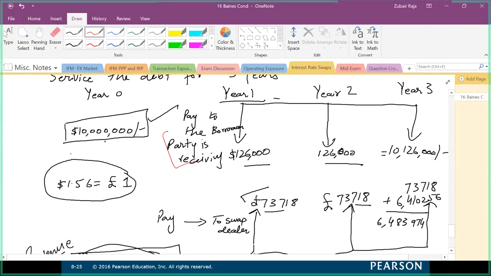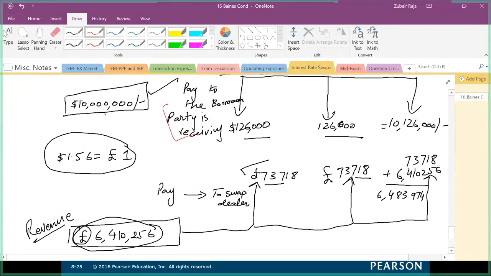What was the amount? They wanted to hedge their interest payments in the different currency, which is dollar in this case, right, of $10 million, because their interest payment will be charged on the $10 million principal amount which they borrowed, right? Now this $10 million at the existing exchange rate turned out to be 6.4 million pounds.